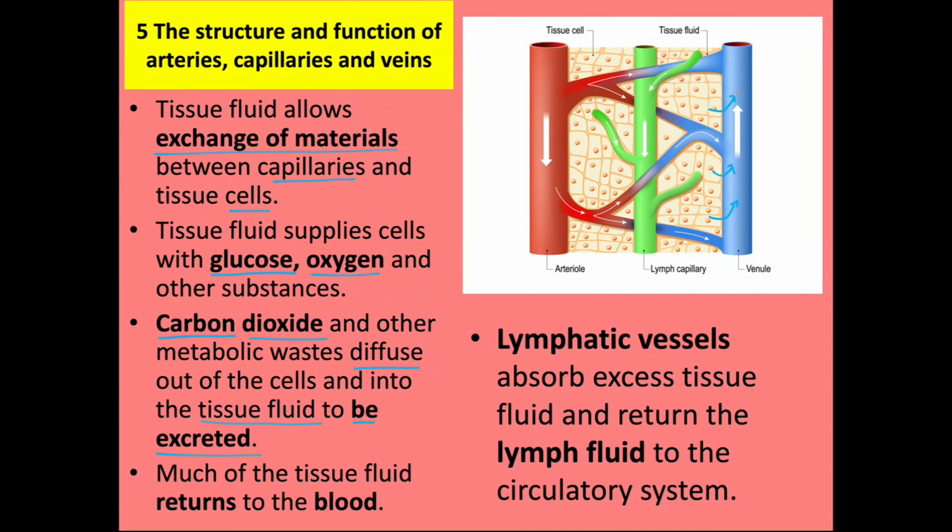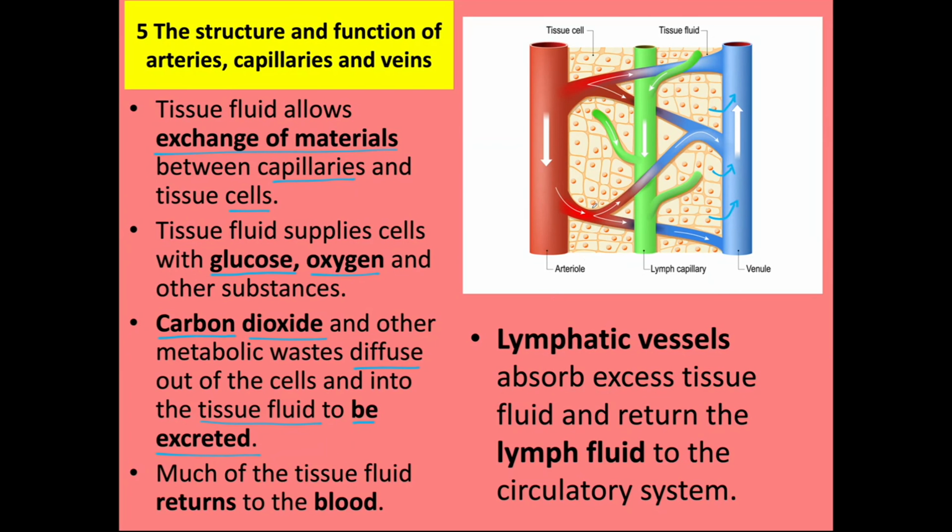The veins will then return those metabolic wastes, that carbon dioxide, back to a part of the body that can excrete it. So, for example, carbon dioxide will be excreted via the lungs. Something like urea will be excreted via the kidneys and the bladder. So we can get rid of those wastes as well.